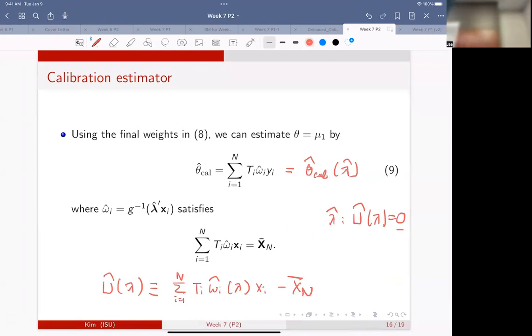And then we want to apply Taylor expansion. To do this kind of Taylor expansion, you first need to understand what the limit is. Let's assume that the limit exists, say the limit is lambda star, and then we do the partial derivative Taylor expansion.